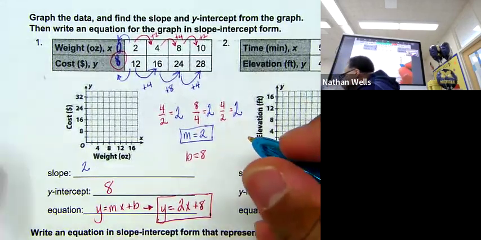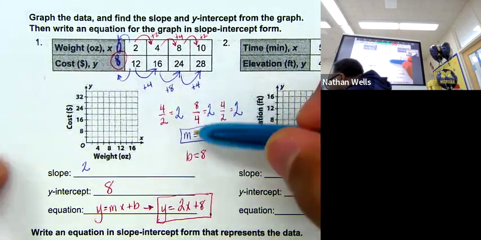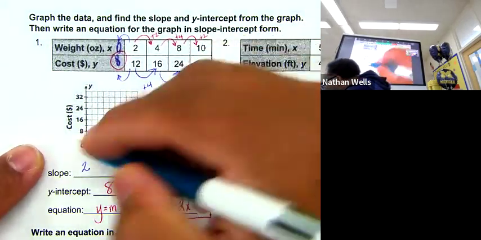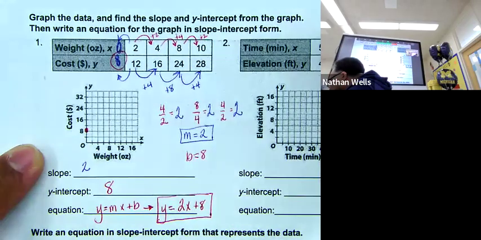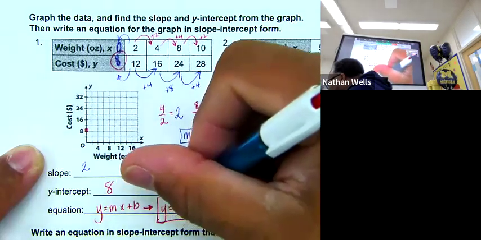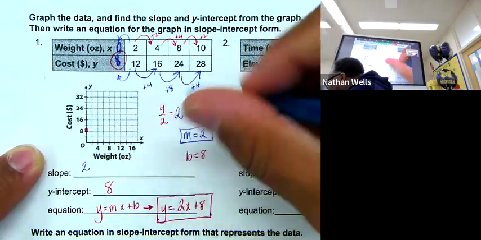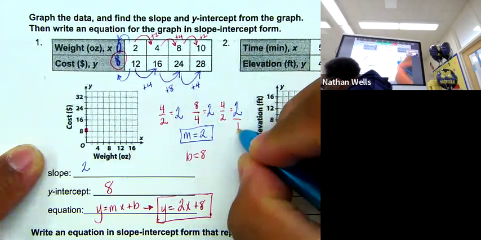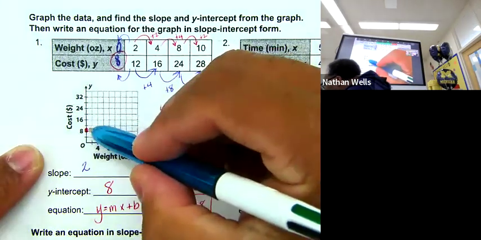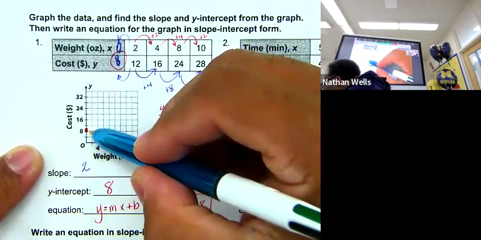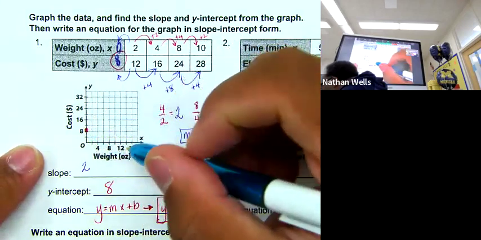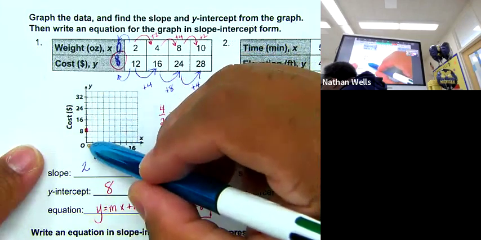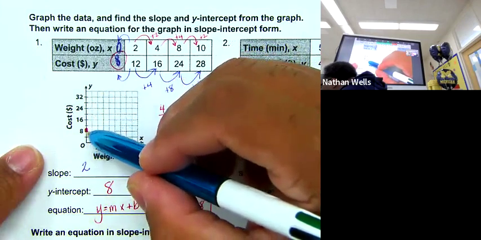Now I can go ahead and graph this. I find 8 on the y-axis. That's my y-intercept. That's (0, 8). And my rise over my run for my slope is 2/1. So I rise 2 and I run 1, but this is going by 4s.